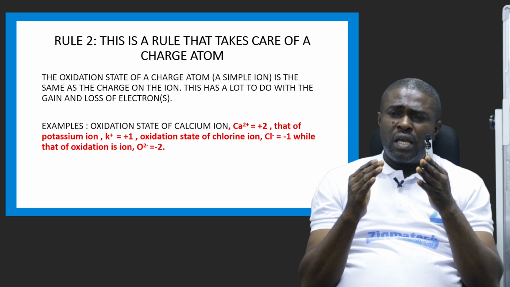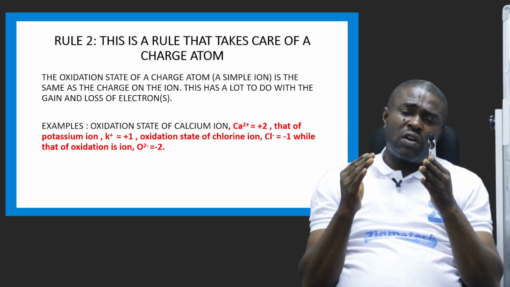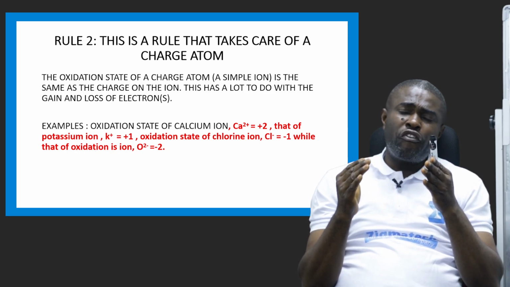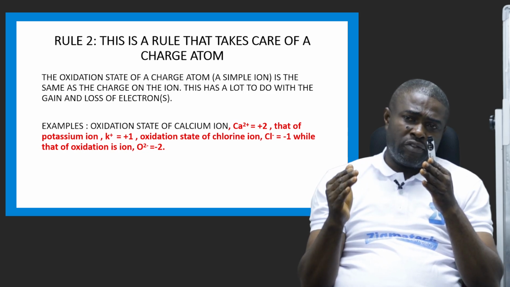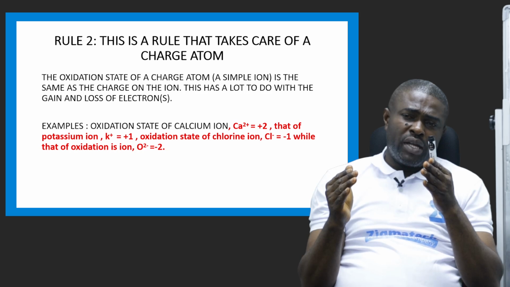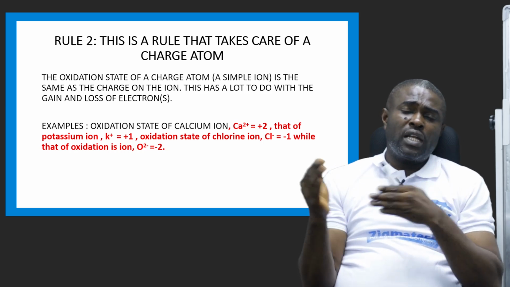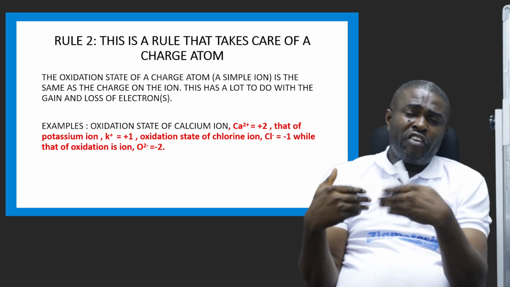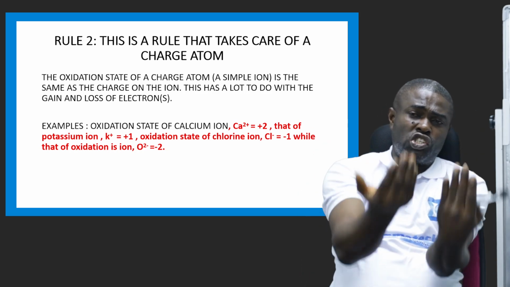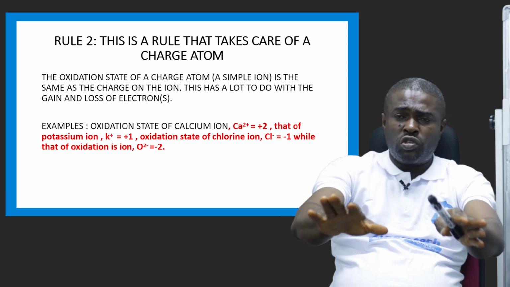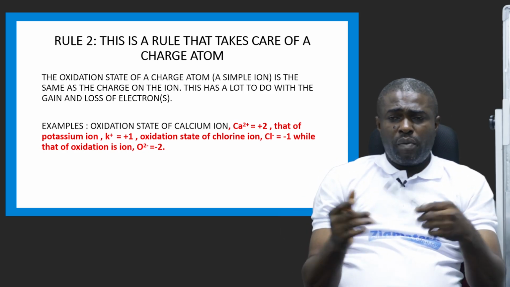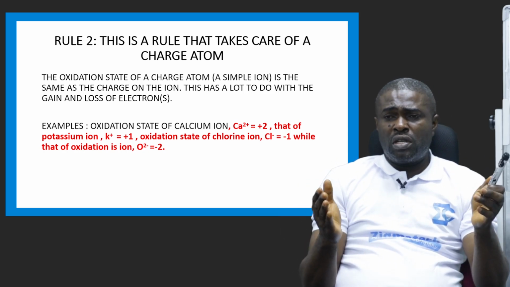The reason is this. That last shell that contains 1 electron is looking for 7 more electrons to make it up to 8, which is octet level. But if the element should lose 1 electron, the next shell becomes the outermost shell, which is complete, and automatically the element moves in that direction.